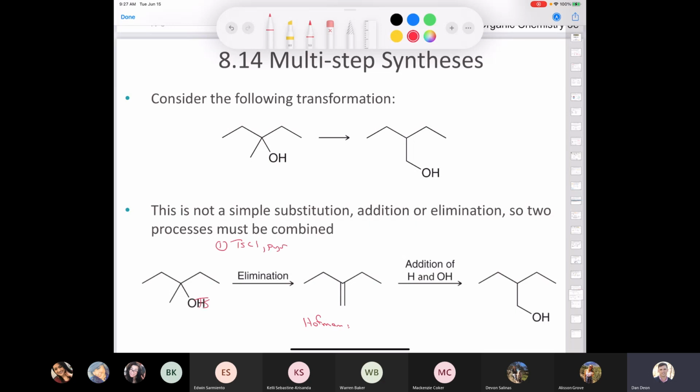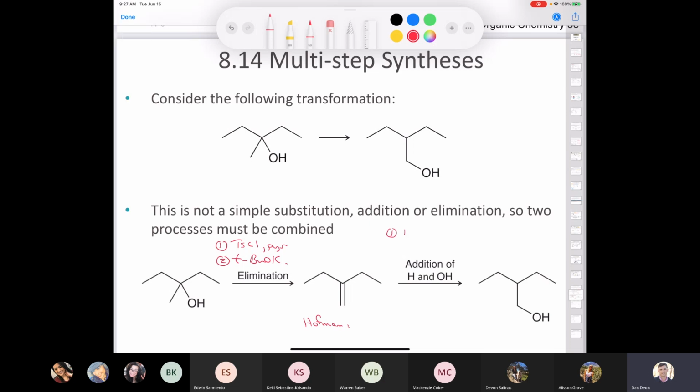That would make that the tosylate. And then to do the elimination, we would treat it with a hindered base, right? Potassium t-butoxide. And so that would give us our Hofmann alkene. Then what we're doing is an anti-Markovnikov addition of water across that double bond. And so for that, we'd have to use borane THF followed by hydrogen peroxide.